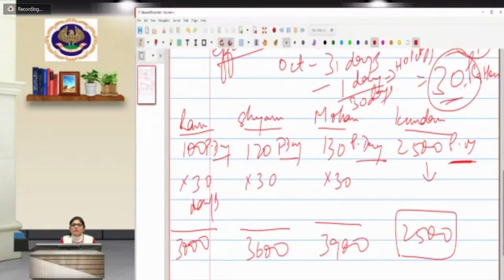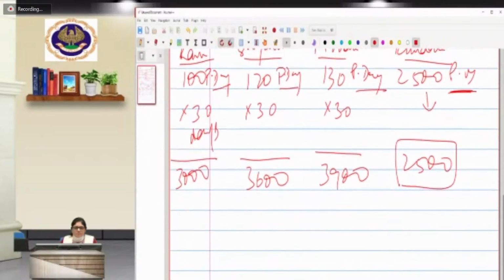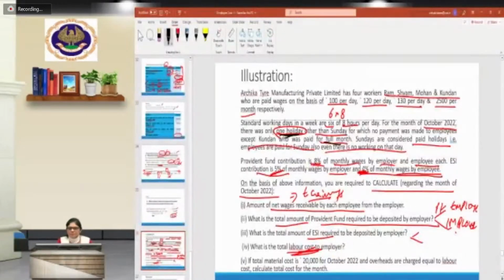We have to calculate the earnings. Earnings means less contribution. Which contribution? Employee contribution. Employee contribution of PF and ESI you will deduct. Clear? So PF contribution you will deduct and ESI contribution you will deduct of a particular employee. All right. So if we see the question, 8% is employee contribution and ESI contribution of employees is 4%.